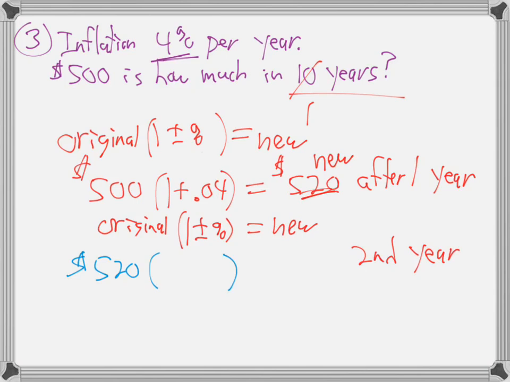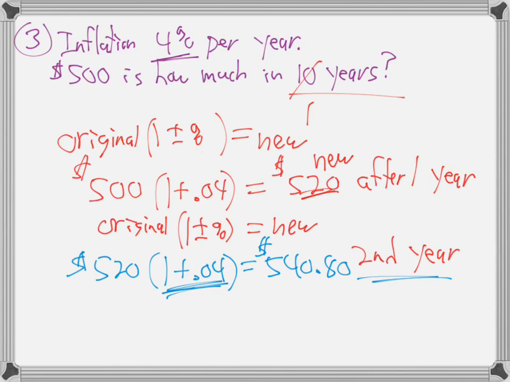Okay. And 1 plus 0.04. Can you hit the buttons on the calculator? What's that one going to be? 540.8? Is that what it is? Okay. So again, we don't really care about the answers. So what did we do for the second year? What did I do right there?